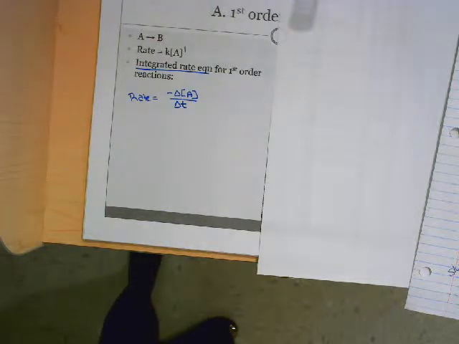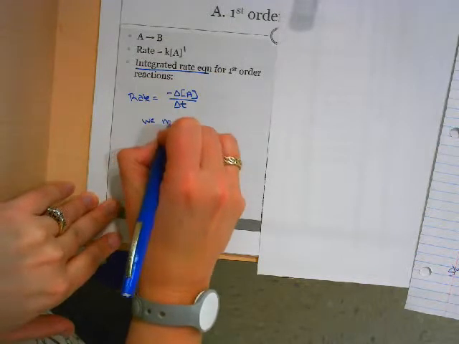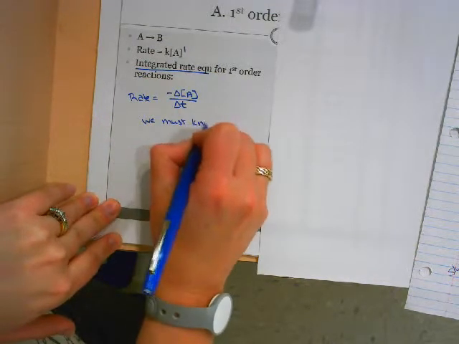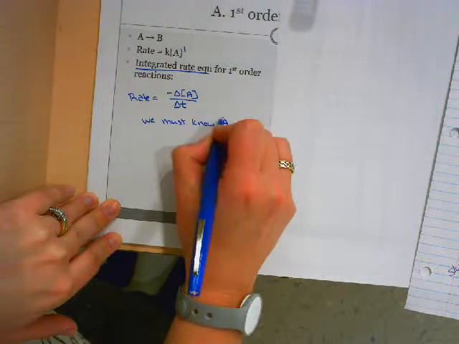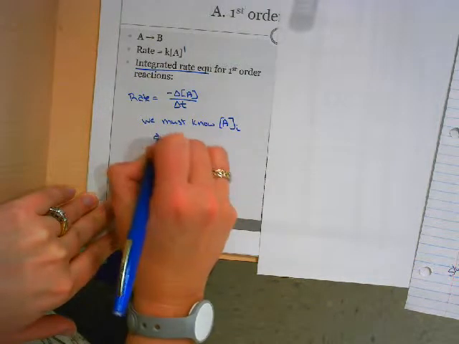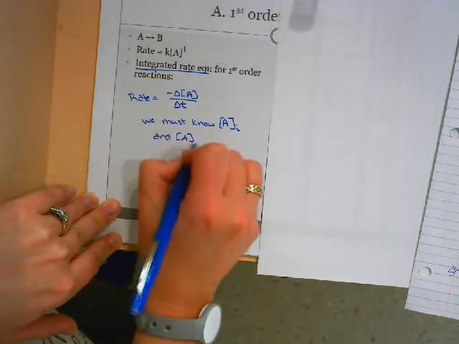Alright, remember that? Where I'm looking at the change in concentration. In order to find a change in concentration, what two points of concentration do I have to know? Final and initial, right?